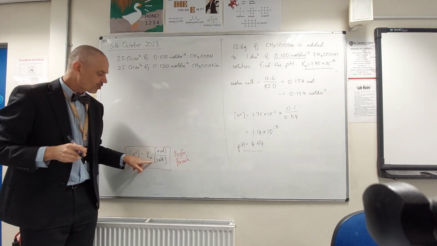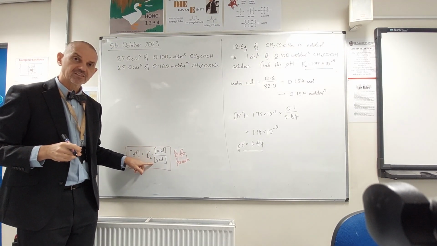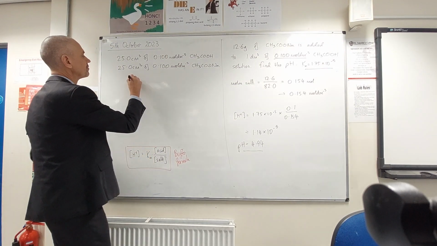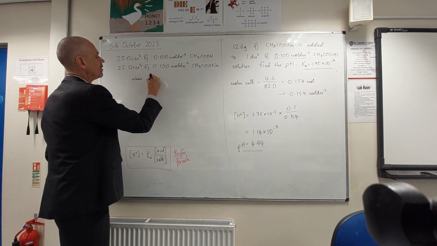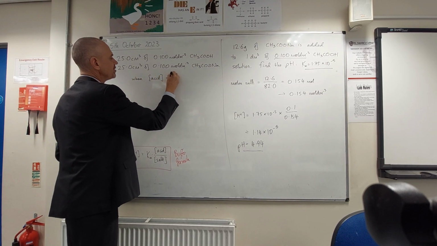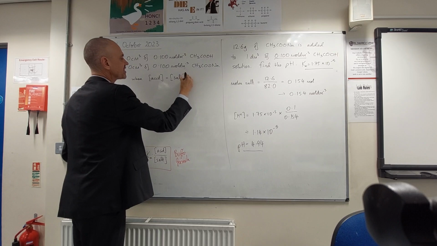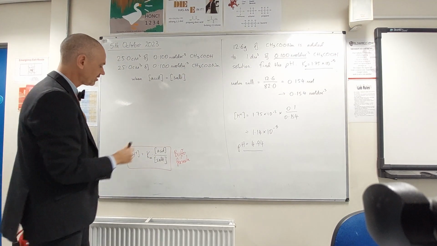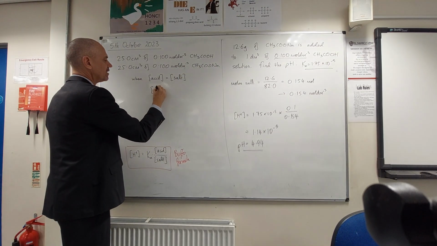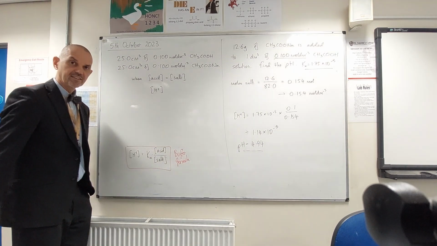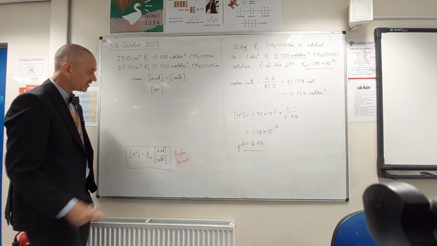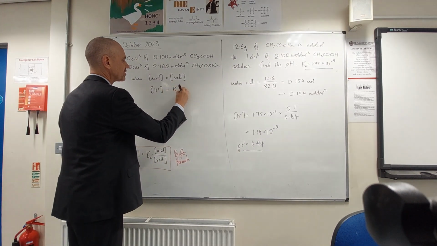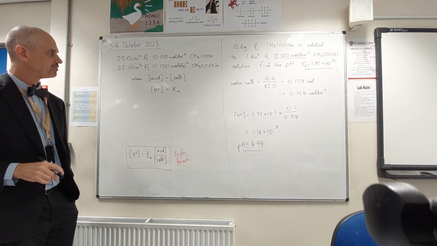What happens to this equation when these concentrations are the same? Well, when the concentration of the acid is the same as the concentration of the salt, this part of the equation just disappears, and H plus equals Ka.